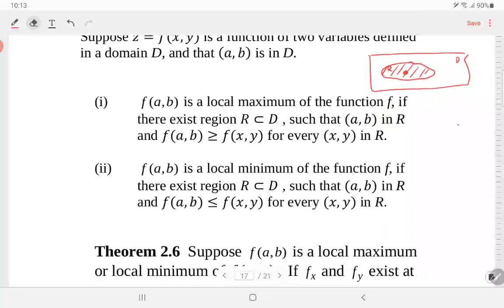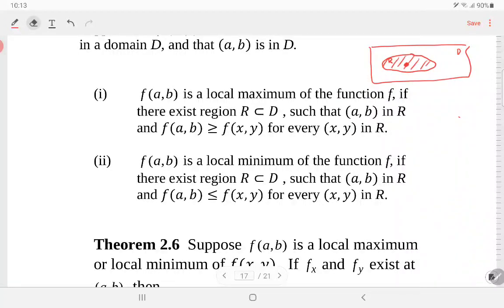The opposite of that is item 2. f(a, b) is a local minimum of the function if there exists a region R, a subset of the domain D, such that (a, b) is in region R and f(a, b) is less than or equal to f(x, y) for every (x, y) in R. Here (a, b) is in region R, but the value of f at (a, b) is the least compared to the value of f at any other point in R. That makes f(a, b) a local minimum.